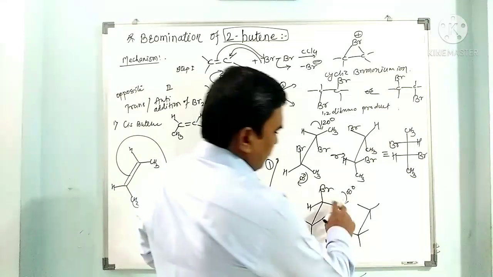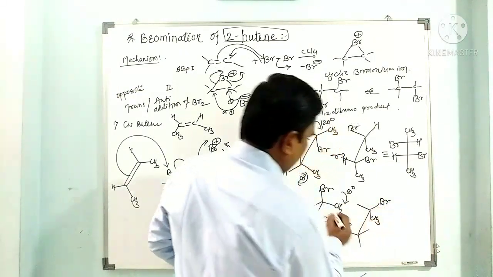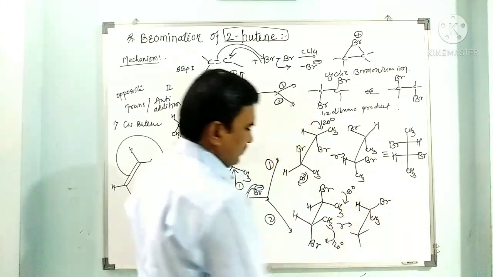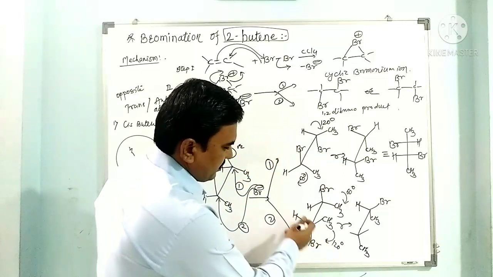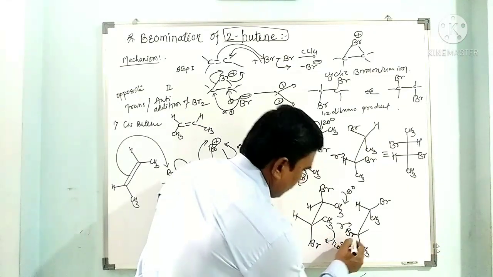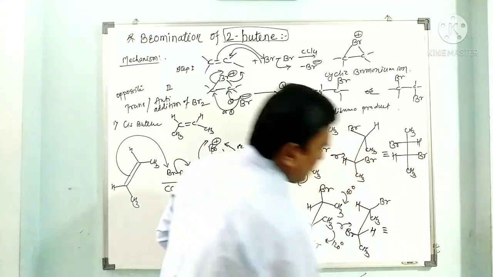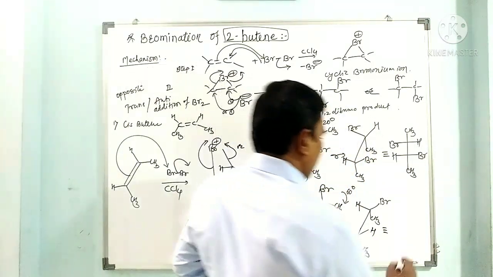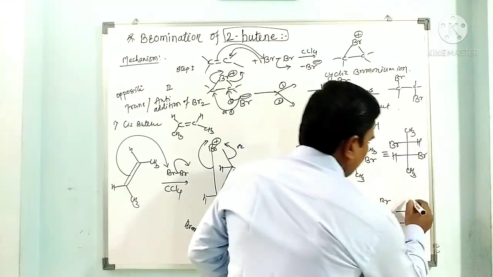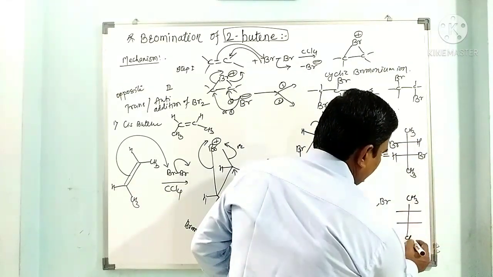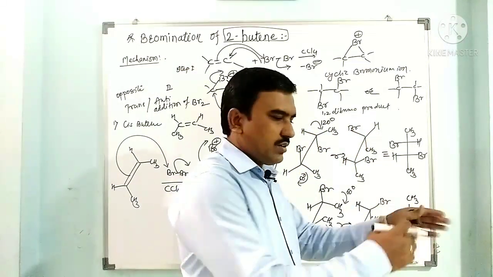Now here CH3 comes here, this Br comes here, and there is a hydrogen, and here the CH3 comes down. Now this Br goes up, and here there is a hydrogen. So when we place this in a Fischer projection, we are having here CH3, because the vertical groups are on the lower side.